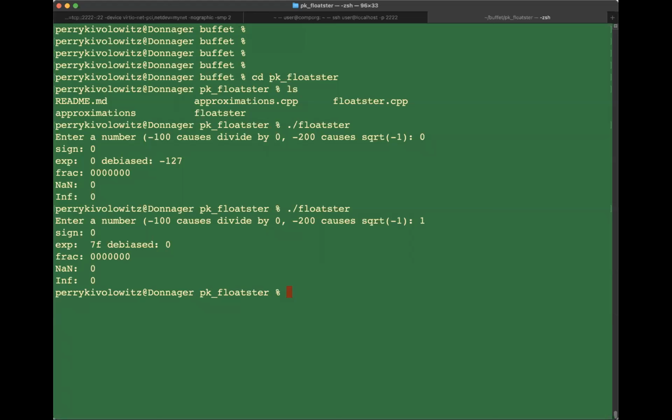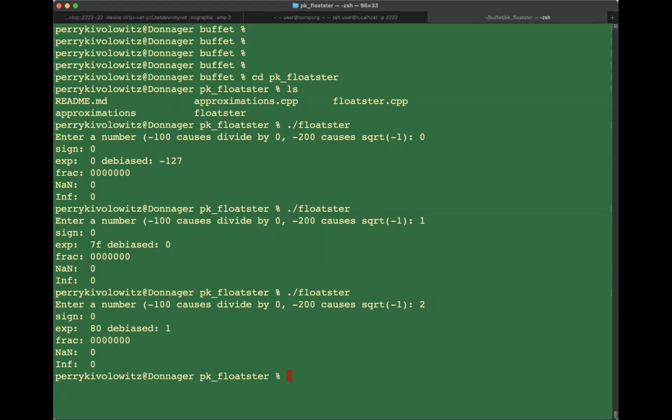So how about the value of 2? So that's that implied 1 raised to the base 2 first power.